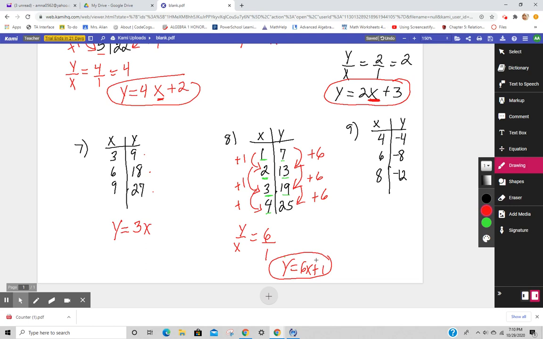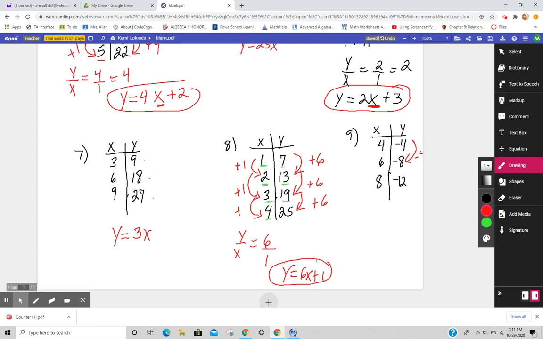Negative 4 divided by 4 is negative 1. Negative 8 divided by 6 is not going to give us negative 1, so it's not proportional. So now let's check how the y values are changing. Negative 4 to negative 8, we're subtracting 4.